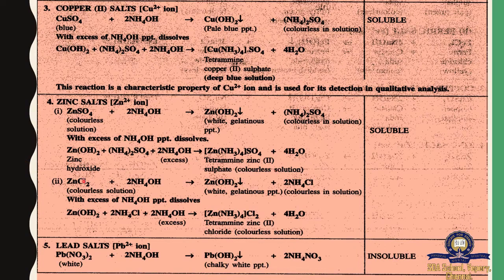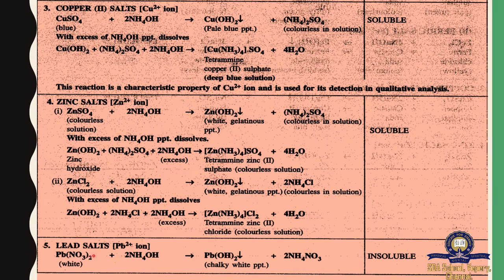In the same manner, zinc chloride is reacting with ammonium hydroxide. The same zinc hydroxide has been precipitated. Again the excess amount of ammonium hydroxide is reacting. It is forming tetraamine zinc(II) chloride. So with excess amount, the copper and zinc salts are giving a new salt as well as water.